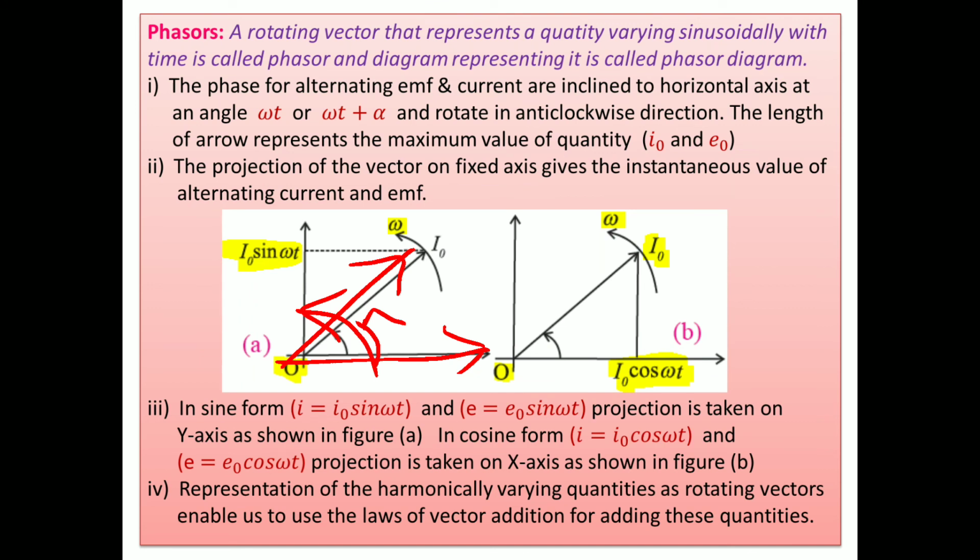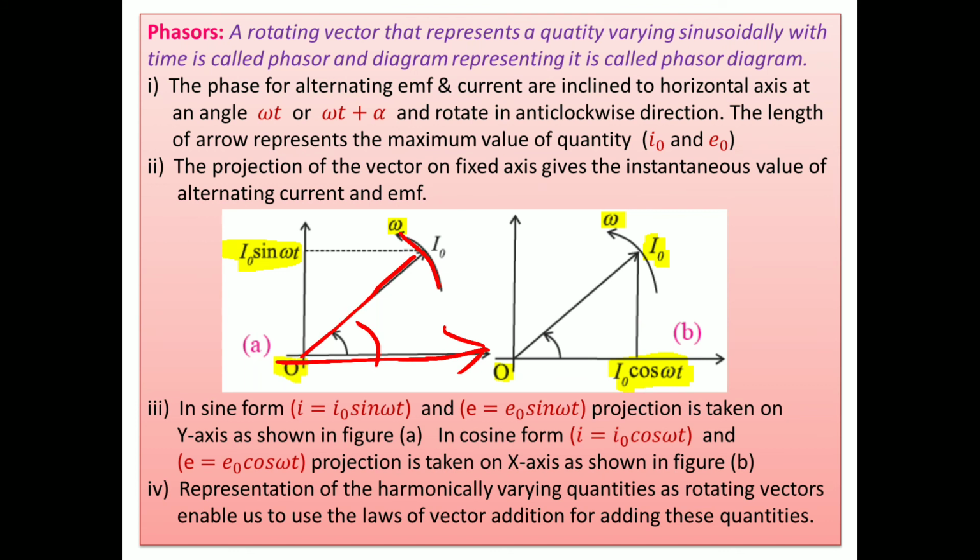Look here, this is the length of the arrow. The length of the arrow represents the maximum value of the quantity, meaning I naught or E naught.